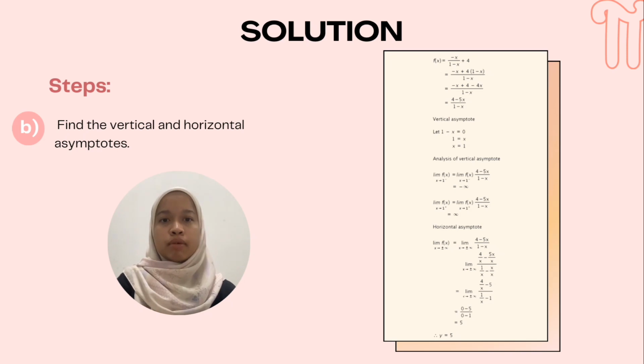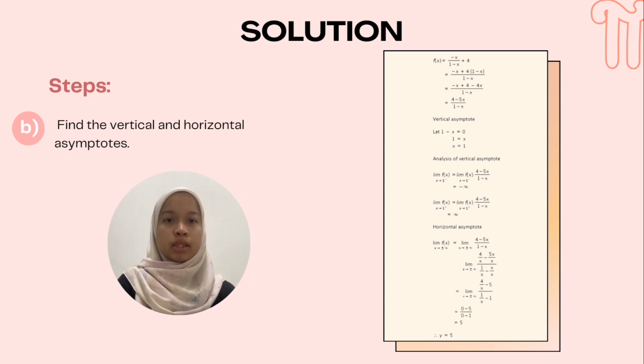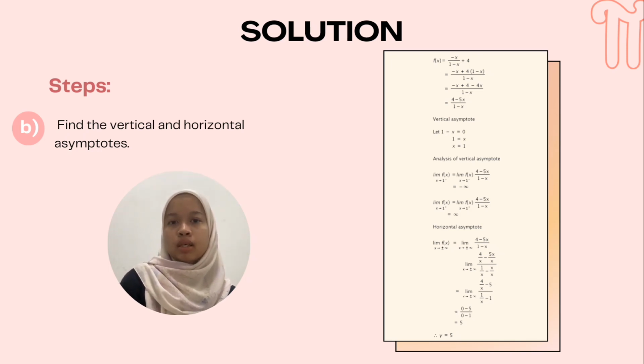Another one is the limit of f(x) as x approaches 1 from the positive side, equals 4 minus 5x over 1 minus x. Then we got positive infinity. Lastly, we need to find the horizontal asymptote. So the limit of f(x) as x approaches positive infinity equals 4 minus 5x over 1 minus x. Then we completed the calculation until we got y equals 5.